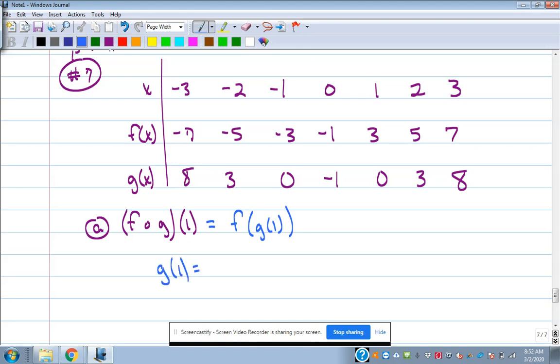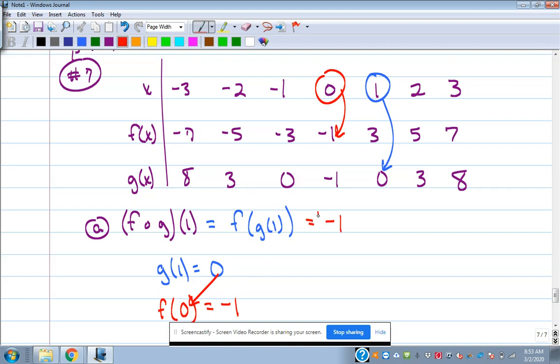So we go to 1 on the x row, and the g answer is 0. And then that means we're going to find what's f of 0. So we go to 0, and the f of x answer is -1. You trace it through the ordered pairs is what you're trying to do there.